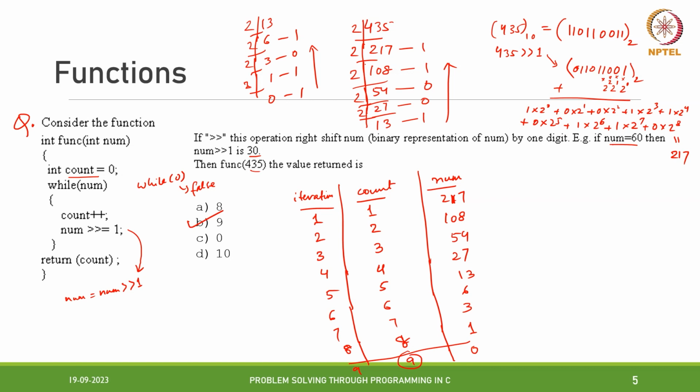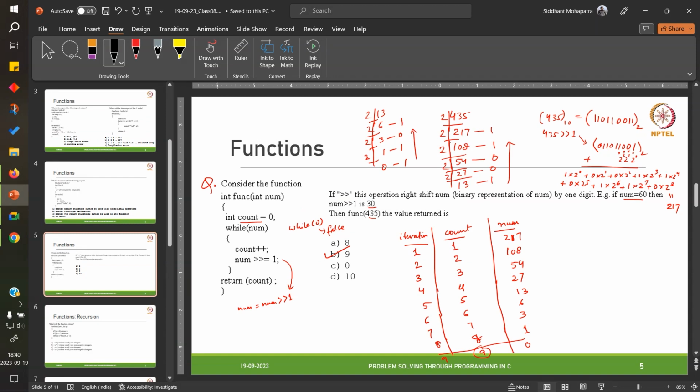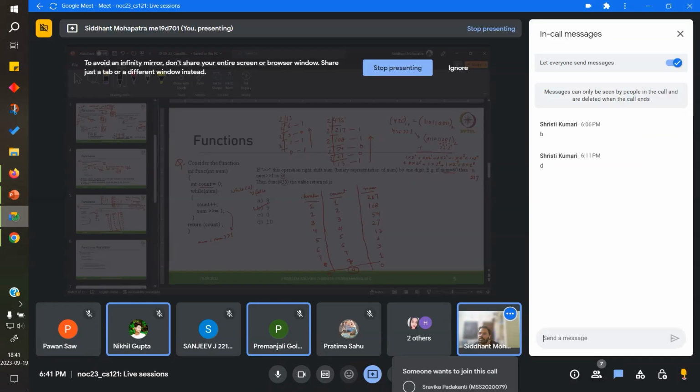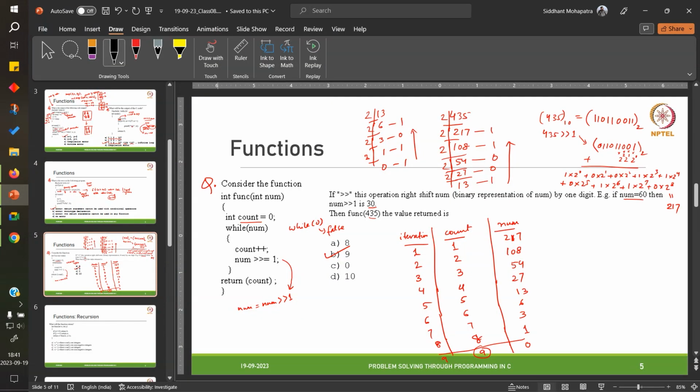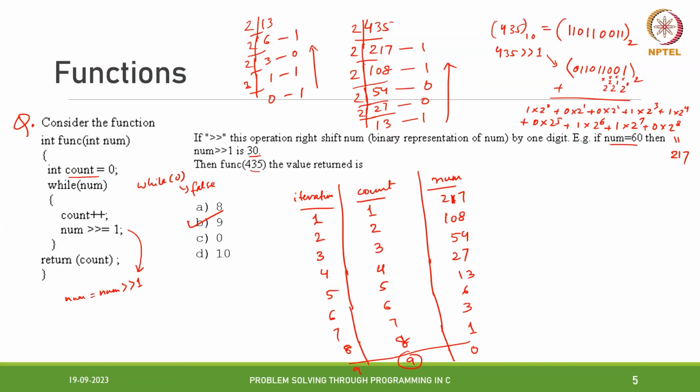Is it clear how this code runs? Any doubts here? You can also write your doubts in the chat box. Okay. Alright, so now if this is clear, let's go to the next question.